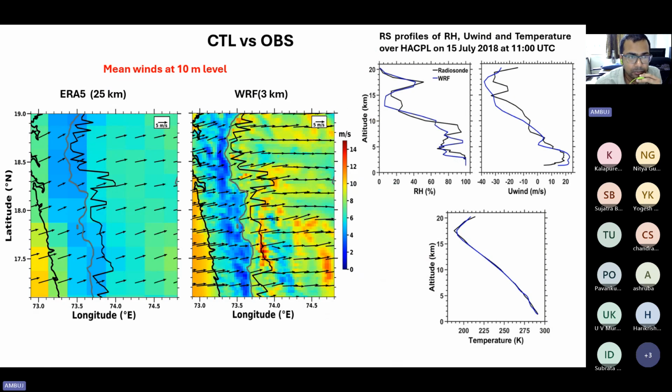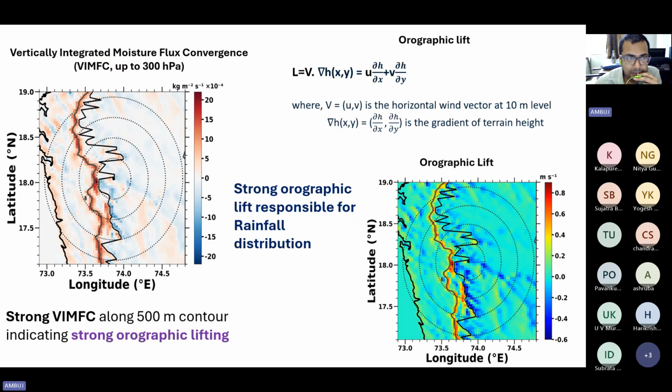So we compared WRF simulations with ERA5, and we also compared WRF profiles with radiosonde profiles over HACPL, and we found that they are in agreement, not largely, but they have quite an agreement.